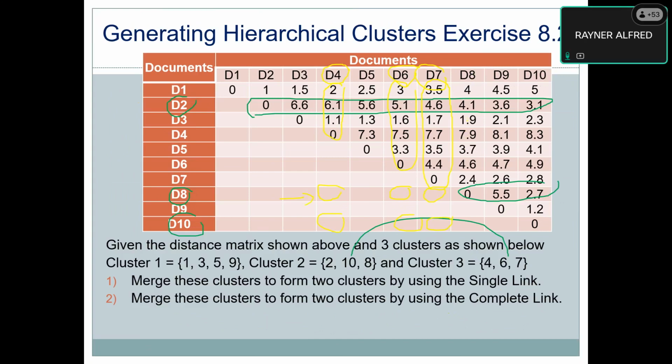So this is document 4 to 8, and then document 8 to document 6 and document 7. So document 8 to document 7 here, which is this one. So basically this is the mirror of this one, this value. So for this one, we are looking for this value.